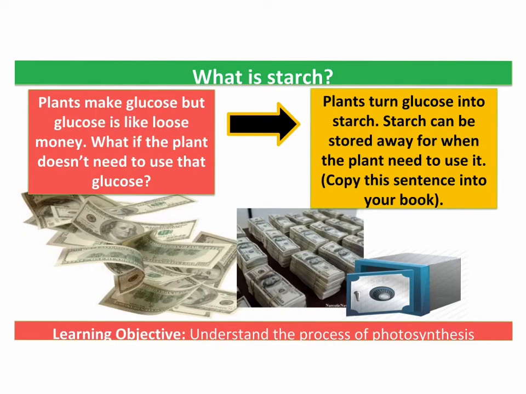Starch can be stored away for when the plant needs to use it. There should be an S on the needs there. So what I want you to do is to copy that sentence in the yellow box down into your books. So glucose is a bit like loose money. It needs to be stored in another form called starch to keep it safe and to prevent it going missing in the plant.